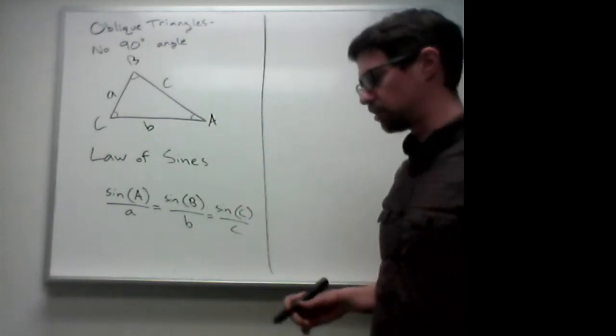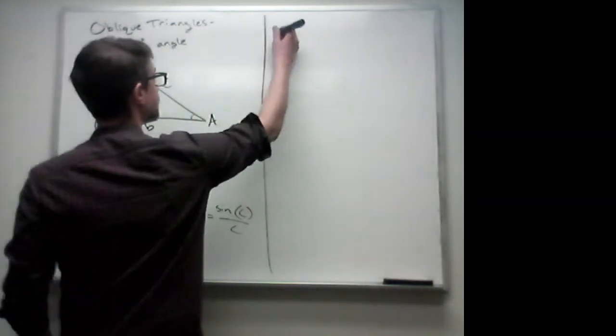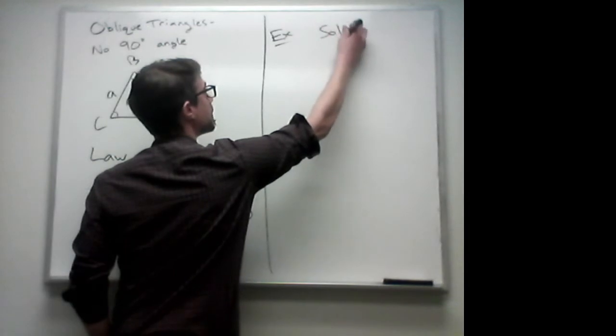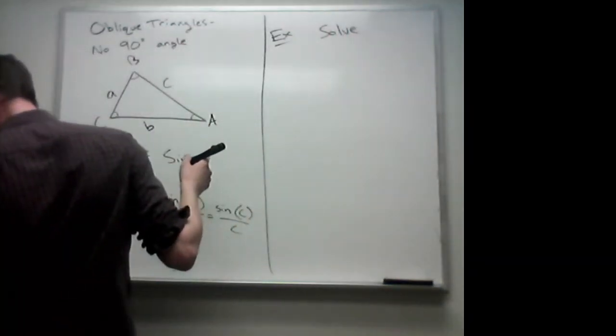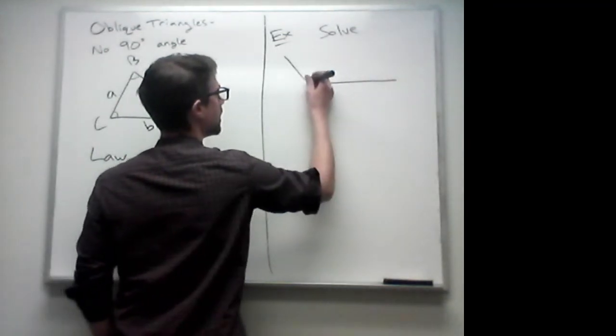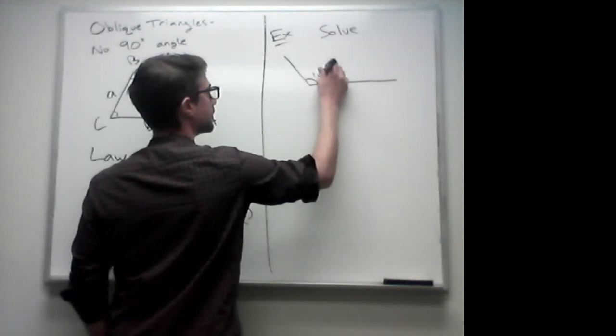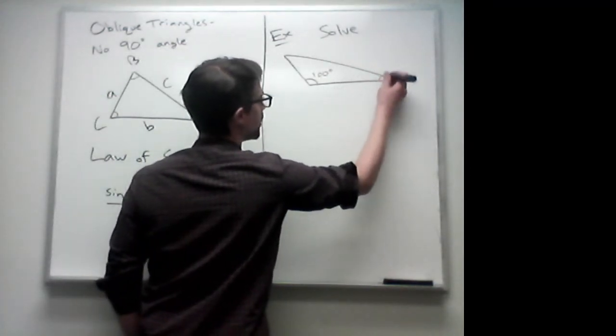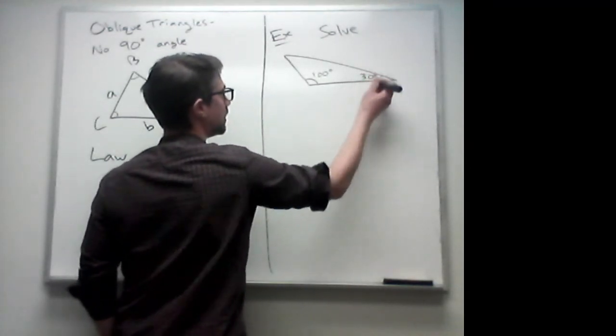Okay, so what do we need it for? Let's set up an example, and I'll give you a triangle to solve. All right, let's say we have a triangle like this. This is a 100-degree angle. This is, say, a 30-degree angle.